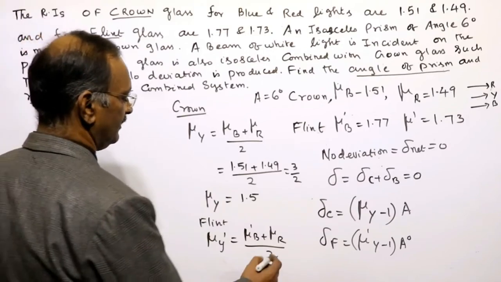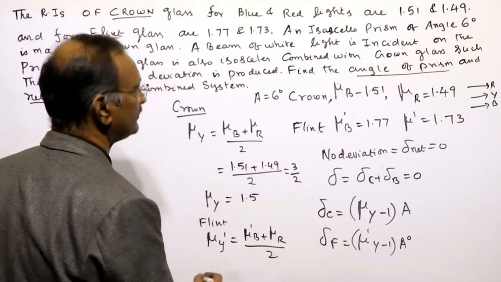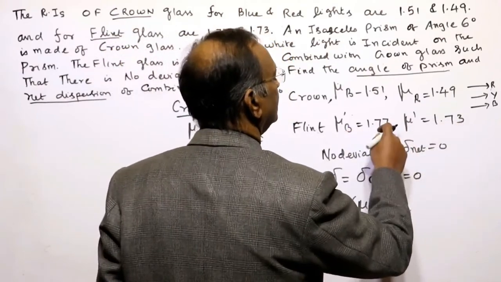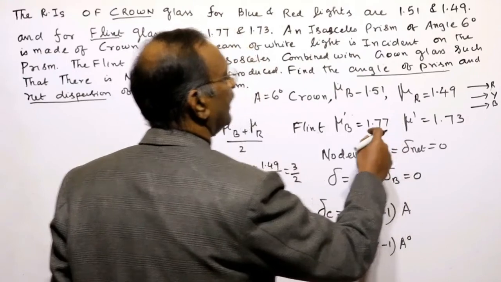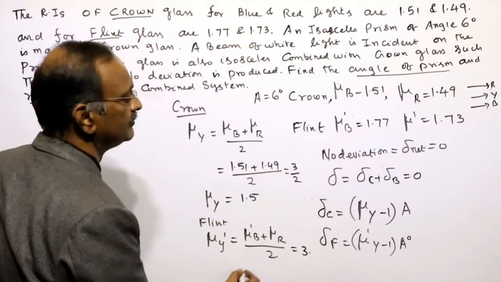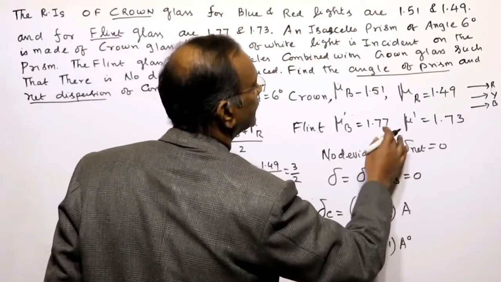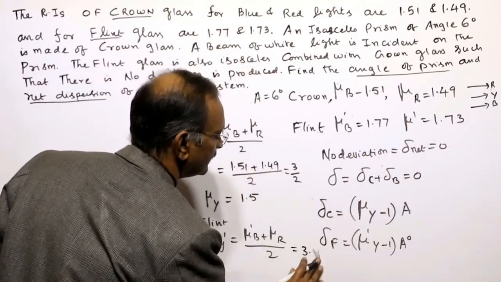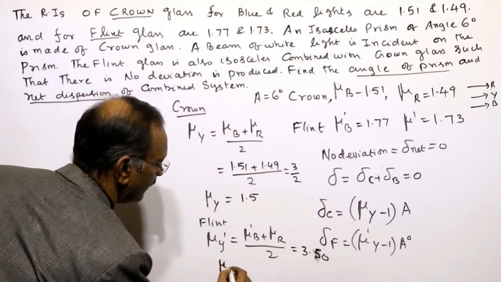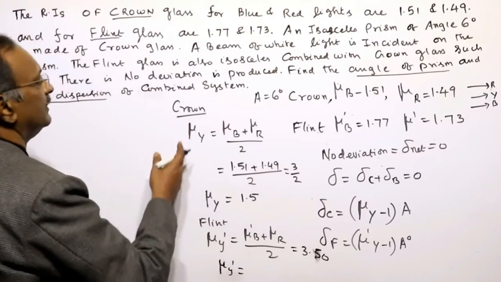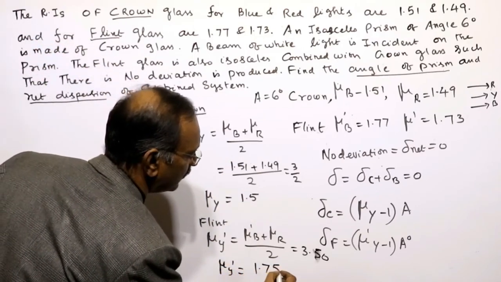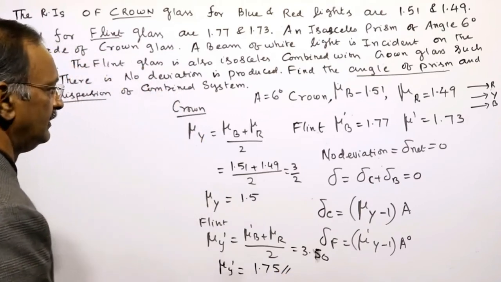This is equal to 1.77 plus 1.73 divided by 2, which is 3.50 divided by 2. So the refractive index of yellow color for flint is equal to 1.75. So we got this one.